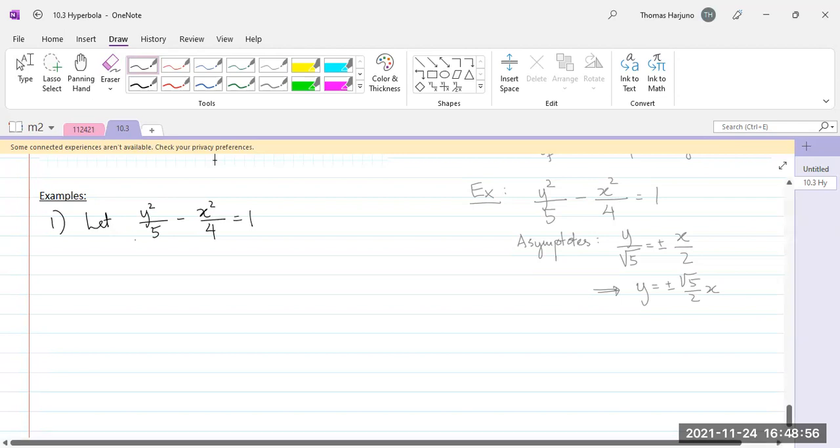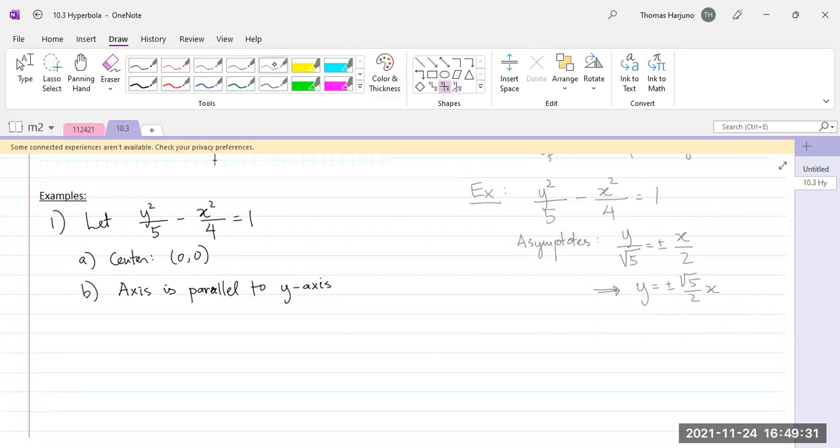So what's the center? As you can see, the center is (0, 0). Because we start with y squared, the transverse axis is the y-axis itself.